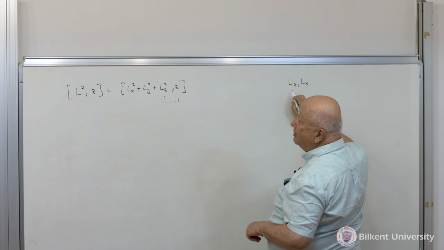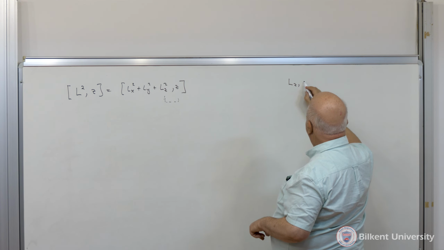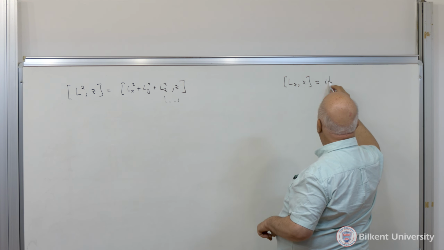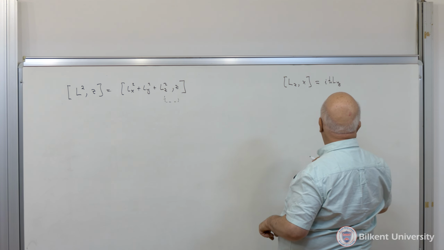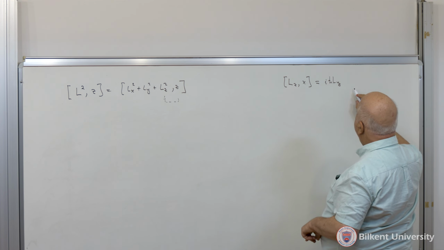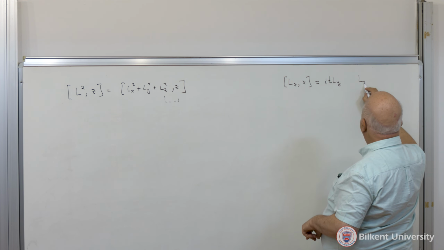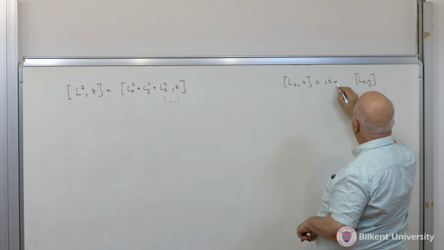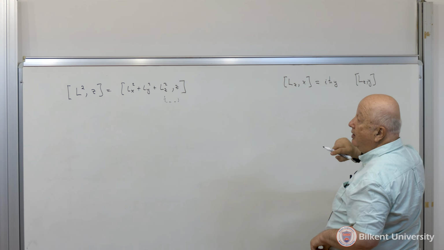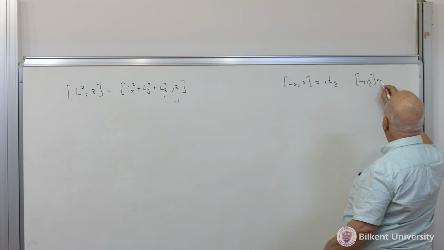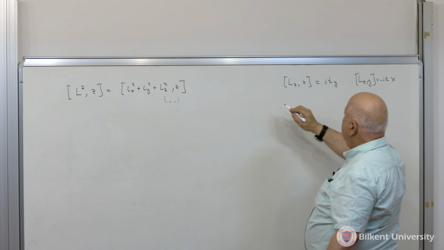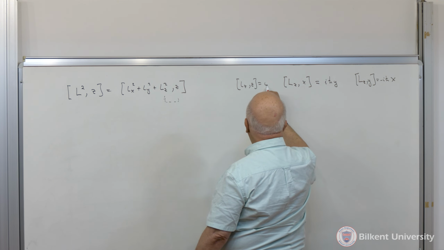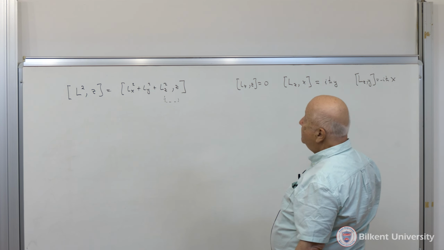Lz with x was equal to i h bar Ly. Lz with y is minus i h bar x, and Lz with z is just 0. So I have these three relations.